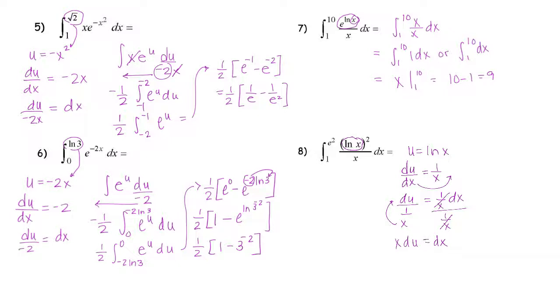So when we come back over here and substitute in, we're going to have u squared over x, and then dx is x times du. Now, those are going to cancel, so let's go ahead and adjust our endpoints. So I'm going to substitute in e squared, and natural log of e squared is just 2.